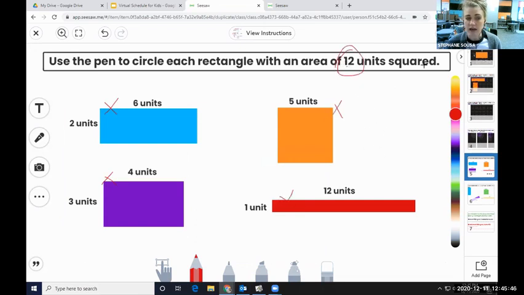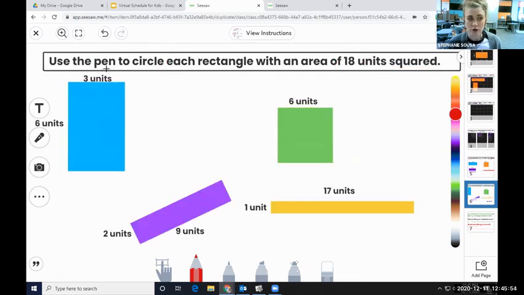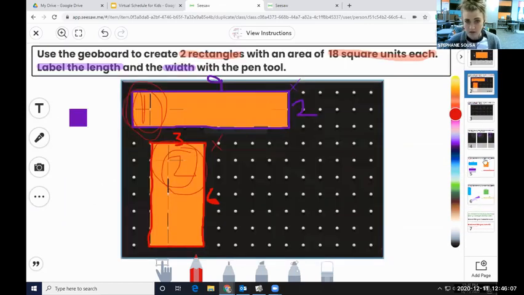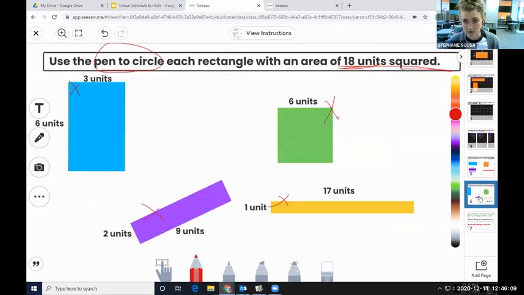If they have an area of 12 units squared, you are going to circle that rectangle. On slide 6, you're going to circle the rectangles that have an area of 18 units squared when you multiply their dimensions. We just did this one together right here. That's a little bit of a cheat for you.